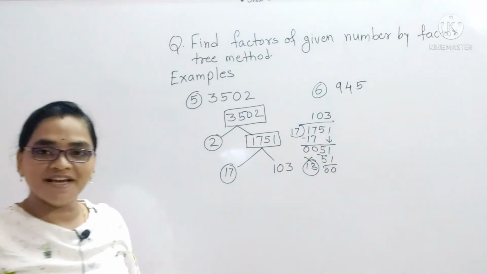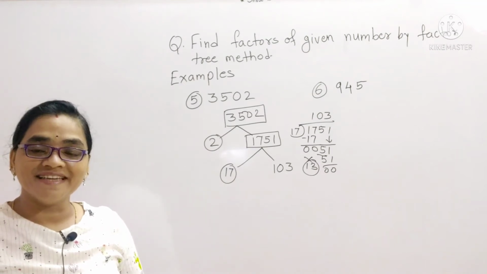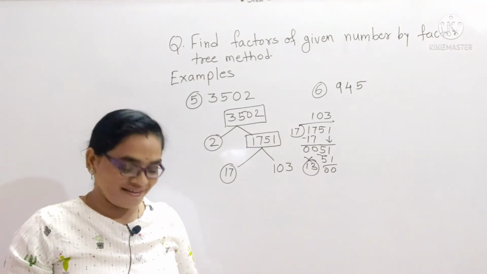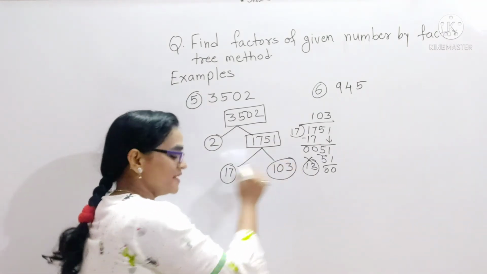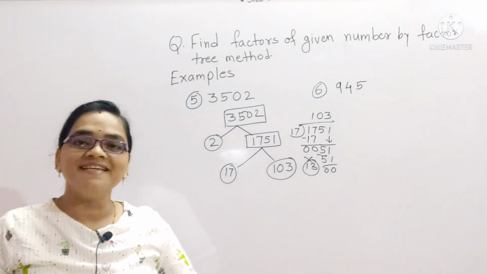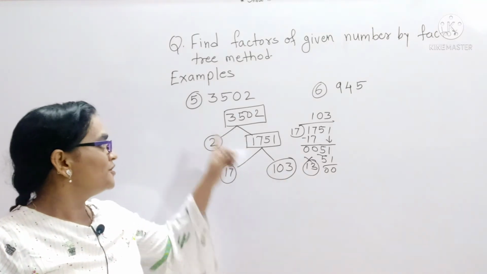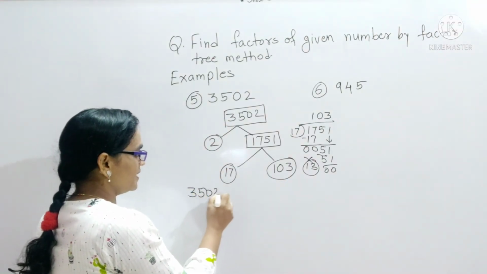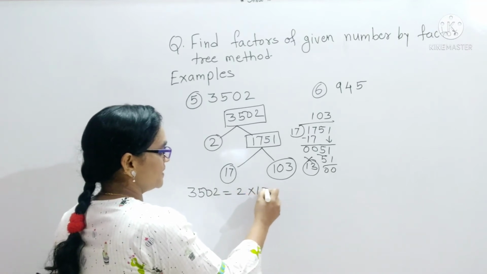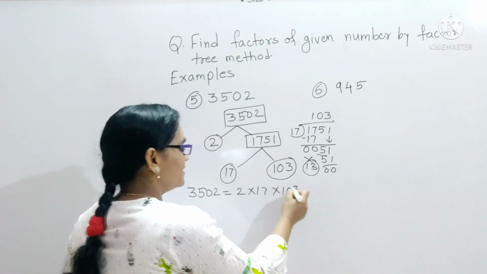Understood? How did 103 come? And 103 is prime number only. So we are getting the factors of 3502 as 2 into 17 into 103.